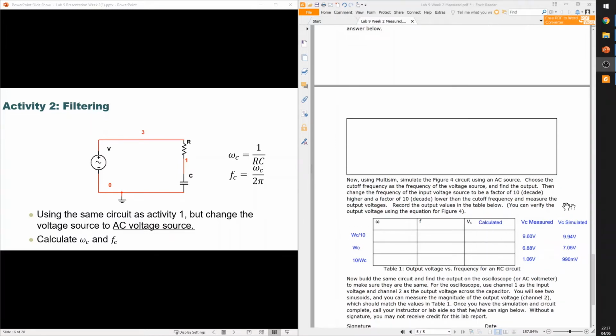So here we already measured and simulated those capacitor voltages under this frequency here, and you can use this value to verify your calculated value.